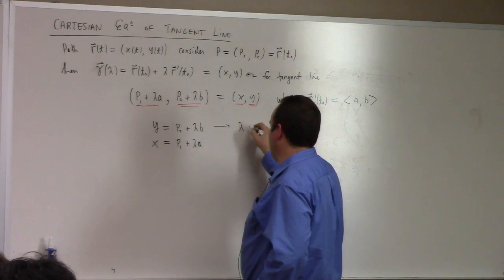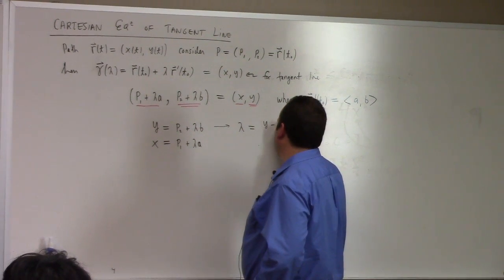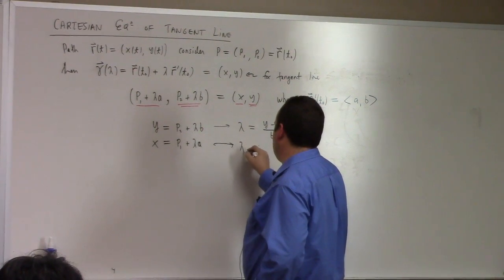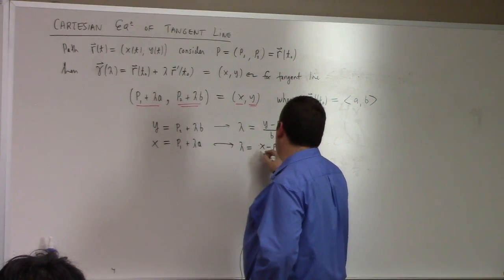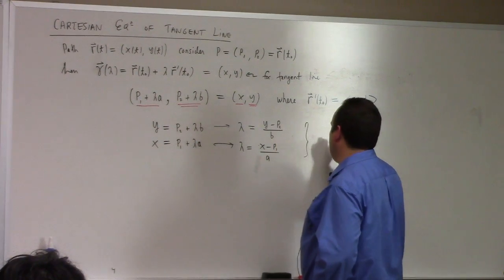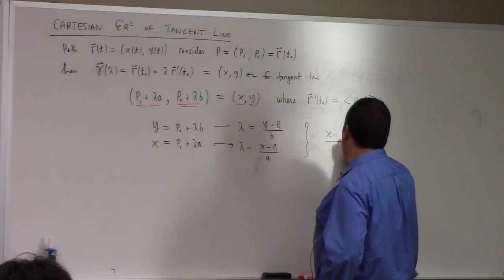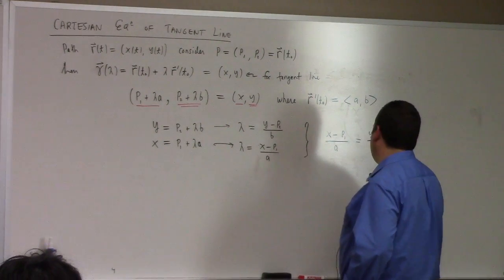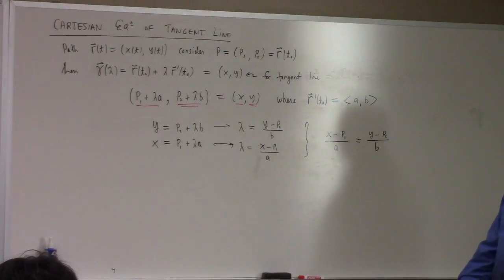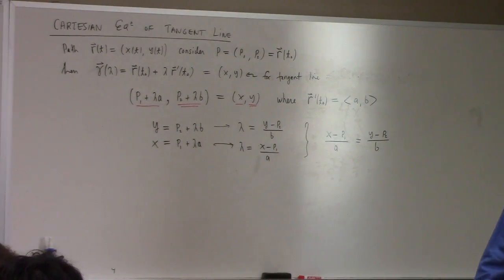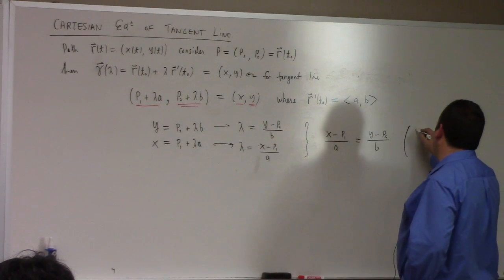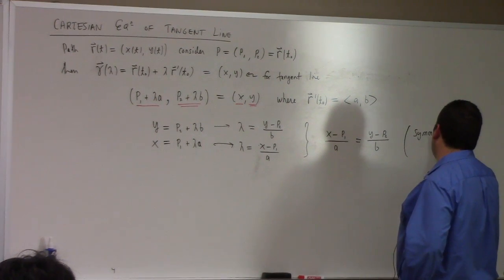Lambda is equal to y minus P2 over B, and this gives me lambda is equal to x minus P1 over A. Put these together, you've got x minus P1 over A is equal to y minus P2 over B. These are sometimes called the symmetric equations for a line in the plane. You see why they're called symmetric?